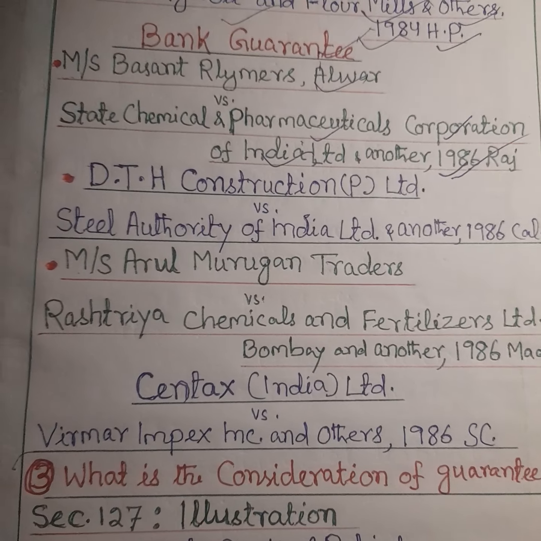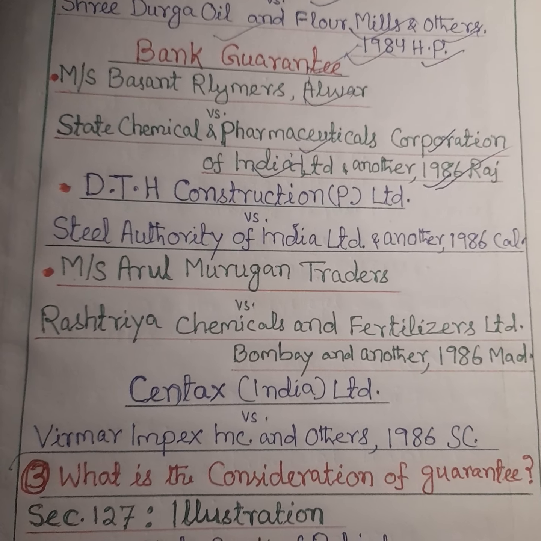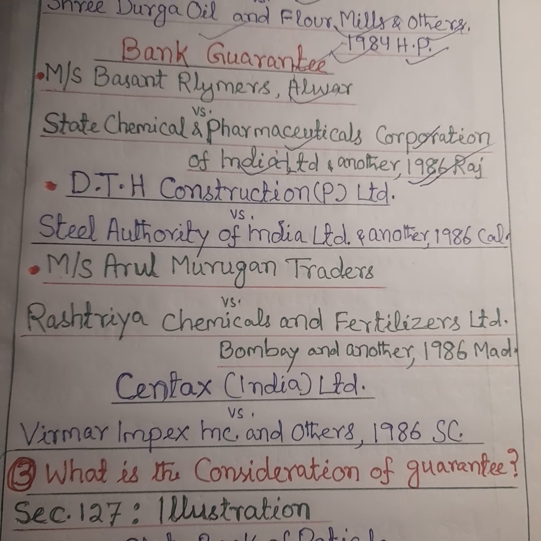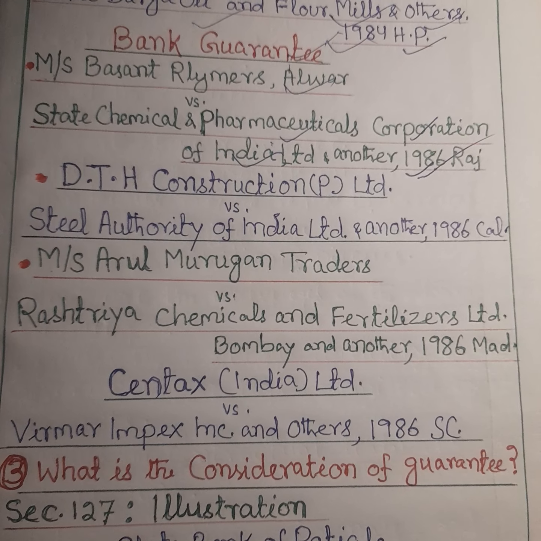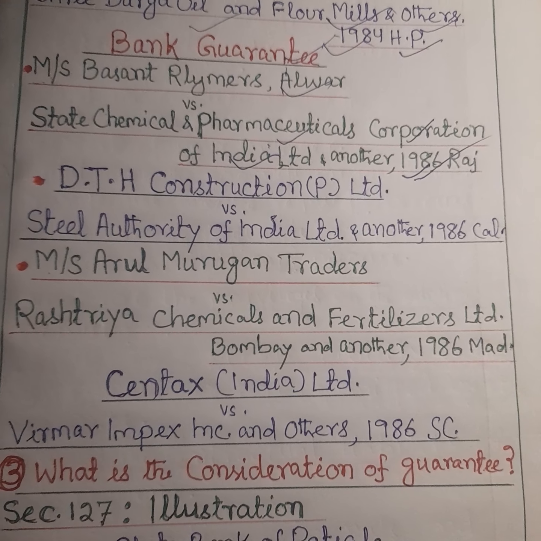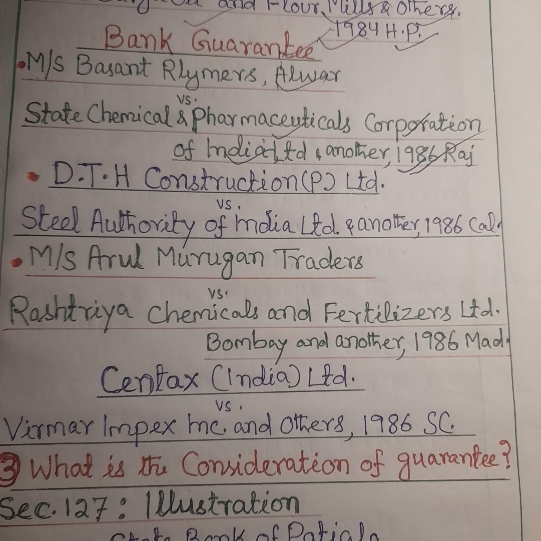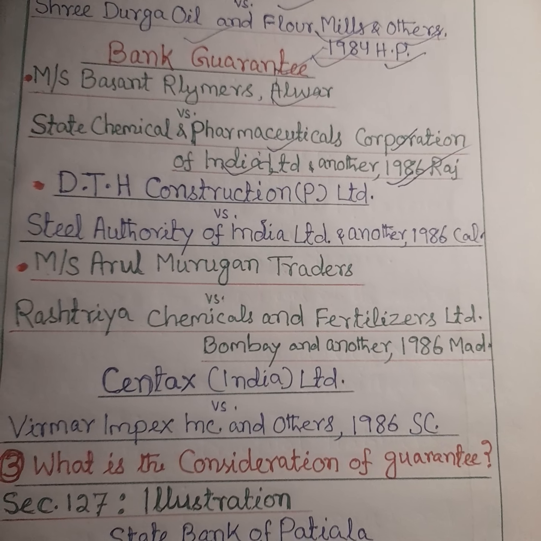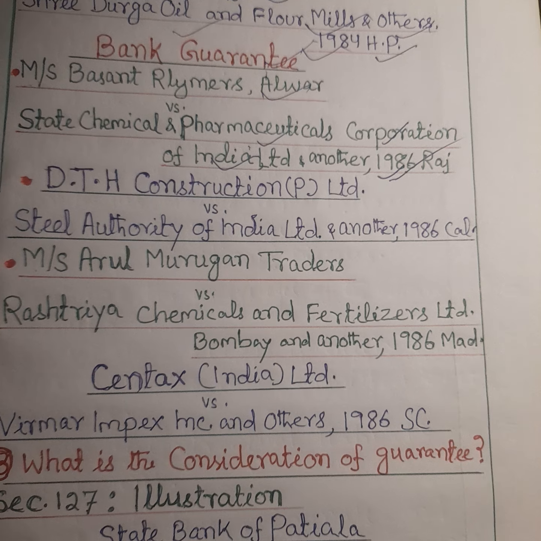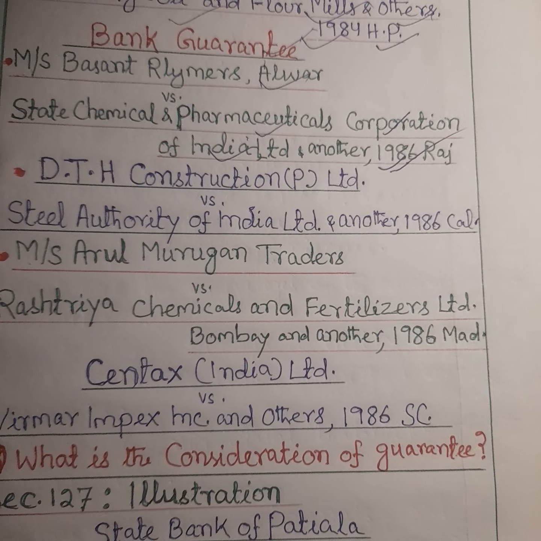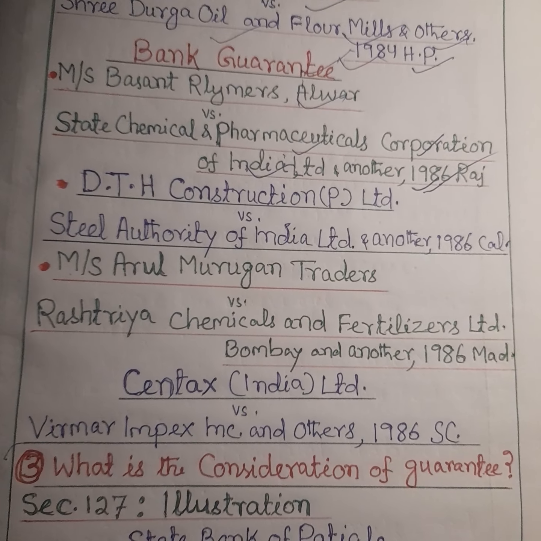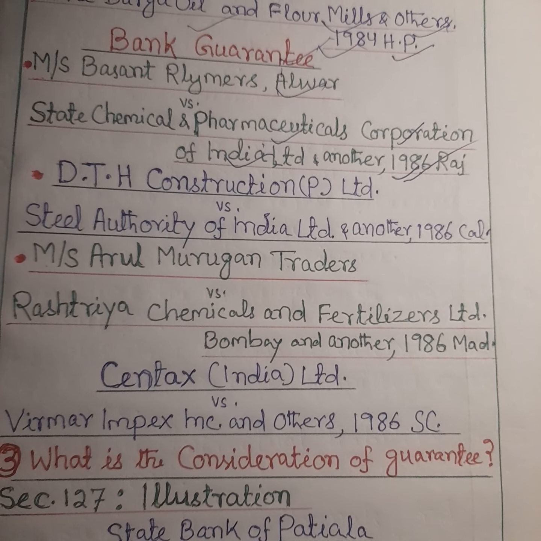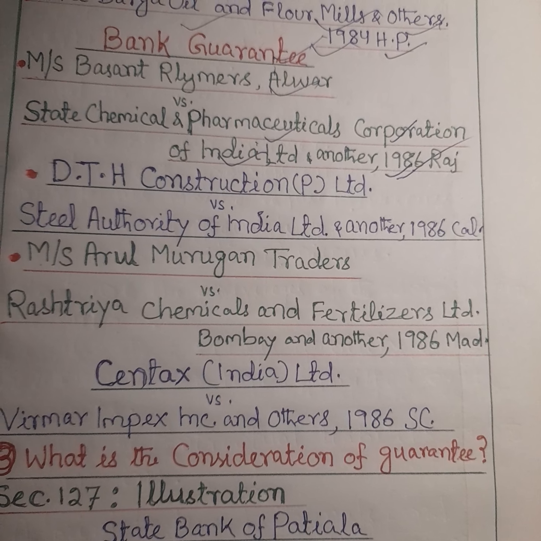According to the observation of the Rajasthan High Court, a bank guarantee for all purposes should be taken to be a credit note issued by the bank in favor of the person in whose favor the bank guarantee has been issued, and it should be encashable just like a credit note ordinarily, unless the intention of the parties is otherwise.